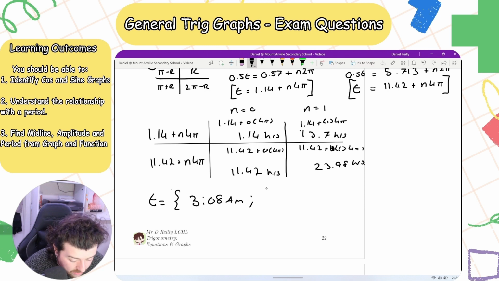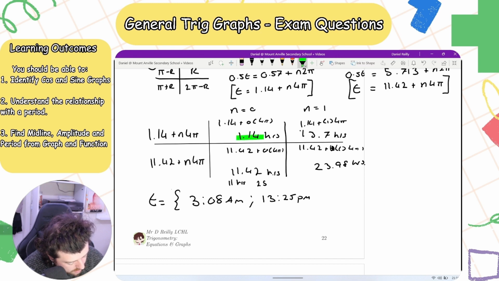Then I'm going to have 2 a.m. plus 11.42 hours. 0.42 hours is going to be 25 minutes. So that is going to be 25 past 1 p.m. And then finally 2 a.m. plus 13.7 hours.